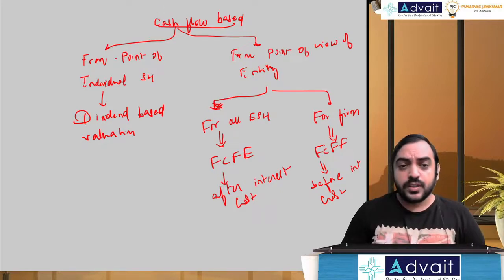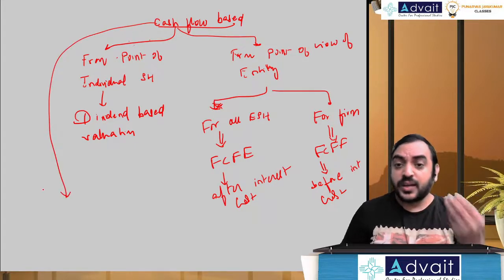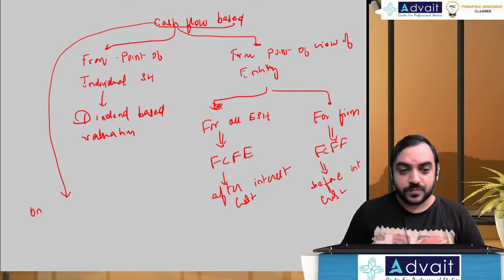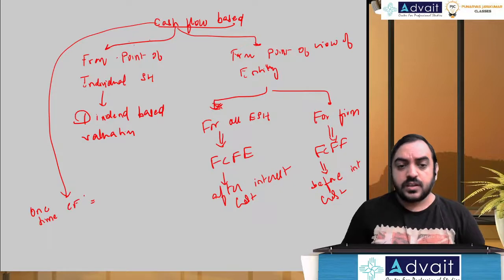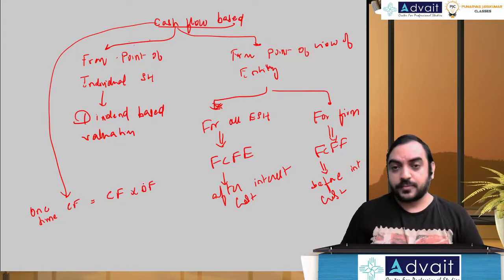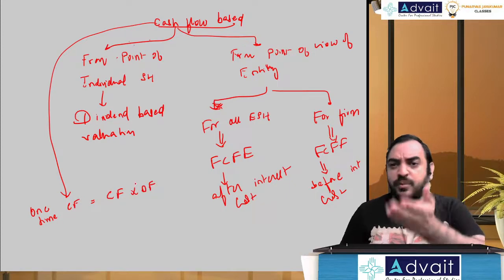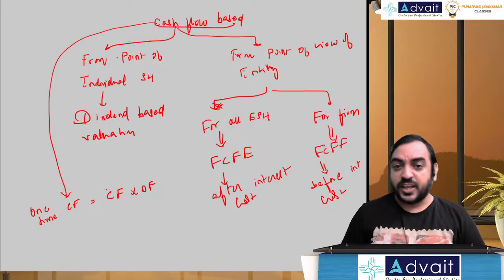Now the basic concept of cash flow, just keep it in mind. Cash flow can be one-time cash flow. You can do whatever cash flow multiplied by discounting factor. One-time cash flow multiplied by discounting factor, you get the present value.